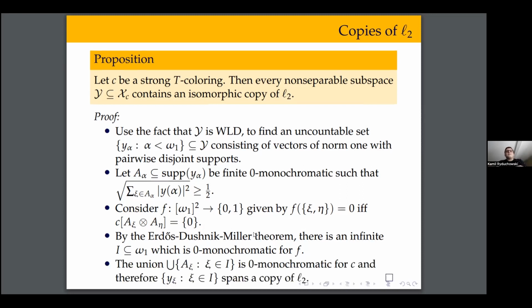So that just means that the union of those A xi's for xi in I is zero monochromatic for C, and then it can be checked that those xi's span a copy of L2.